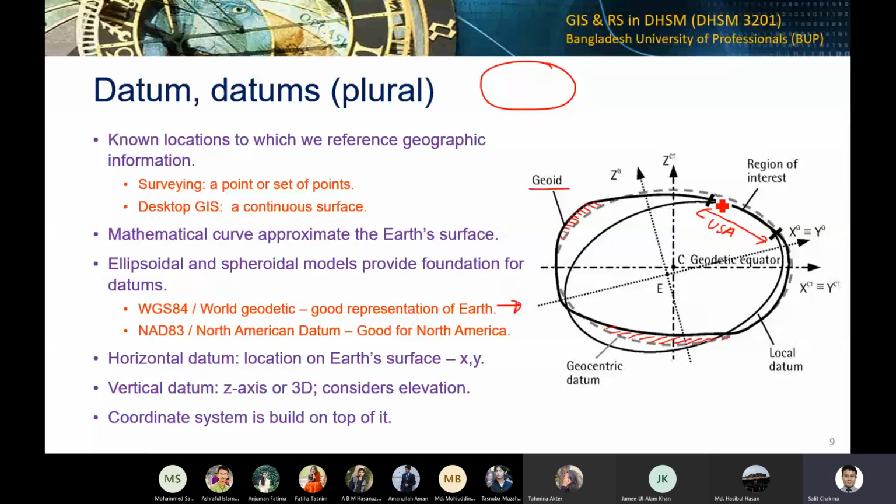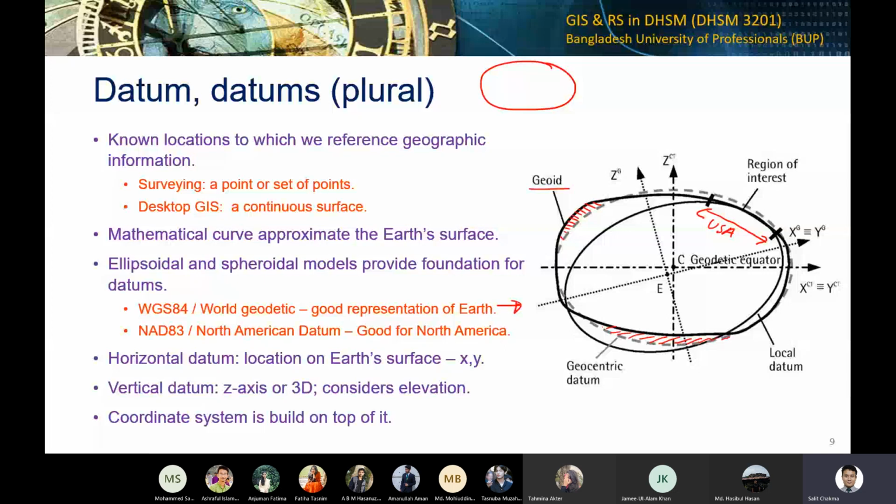What are the problems? The surface of the geoid and the surface of the ellipsoid that I have for WGS 84 mismatch significantly. In this diagram you might see that this gap is very little, but think about how huge the Earth is. So this much gap is a significant mismatch.